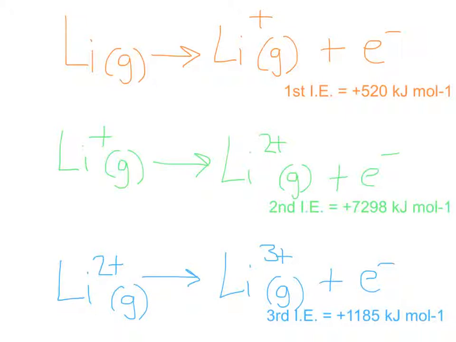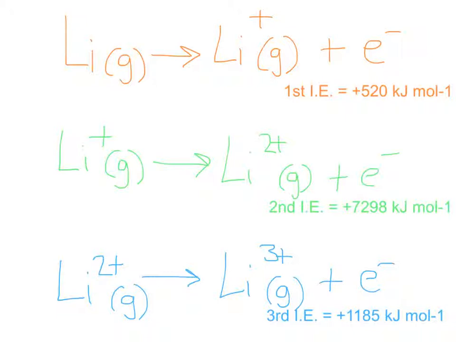Successive ionisation energies provide experimental evidence for the existence of different shells. So sometimes you see a large increase in successive ionisation energies. For example, we can see a large difference here between the ionisation energies of lithium, the first ionisation and the second ionisation energies.